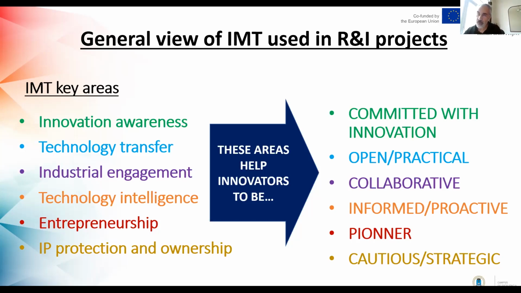We can choose one way or another, but in any case, the purpose of technology transfer in these different modalities is to be more practical, to be open to the market, very much aligned with the open innovation concept that Gonzalo introduced. So technology transfer is the second area. Third is the industrial engagement. It is very important, not only thinking in terms of transferring the results, but also to promote collaboration, to bring in new industrial actors or users.